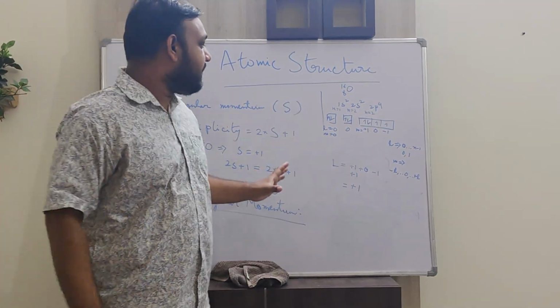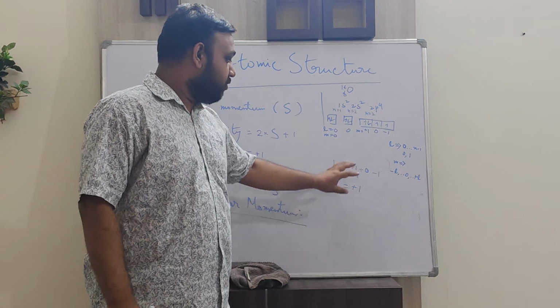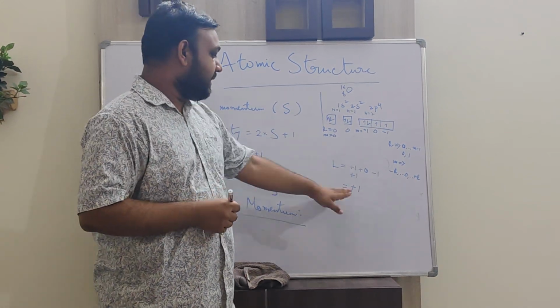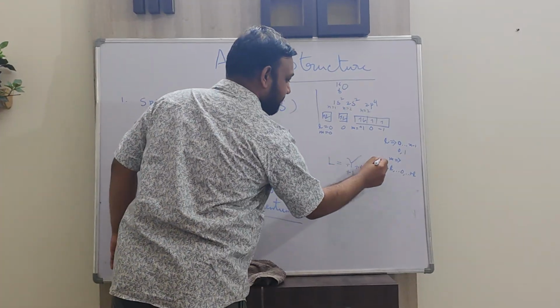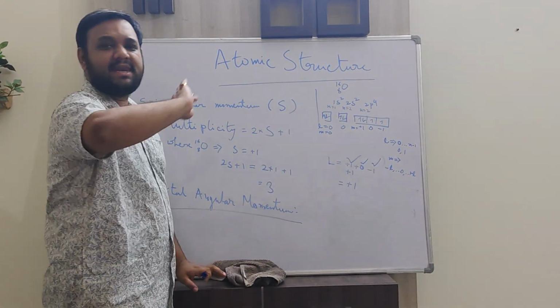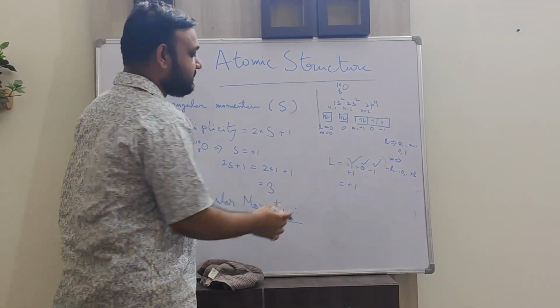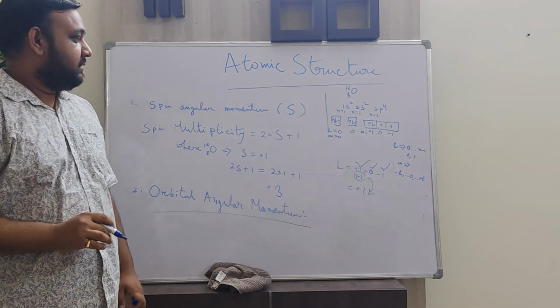That means when electrons are in these orbitals, it is giving an overall net angular momentum of +1, because one electron and another electron are cancelled out, and these electrons are not generating any angular momentum. The remaining angular momentum is only +1 for this oxygen case. Understood?